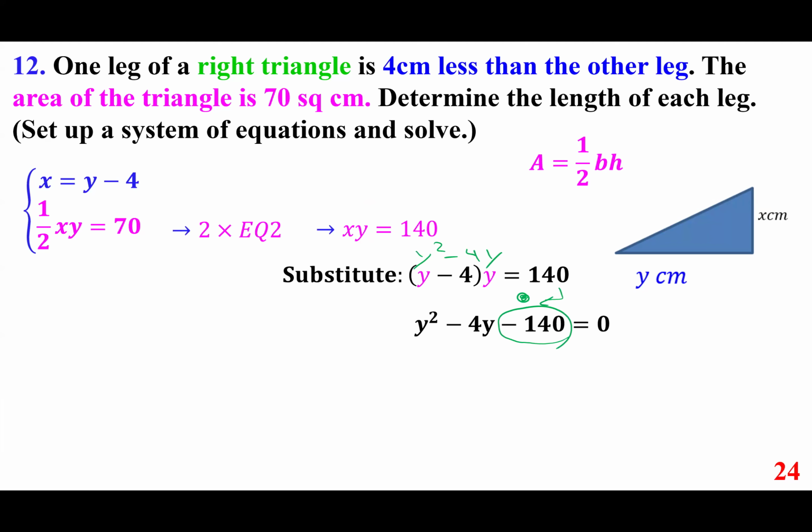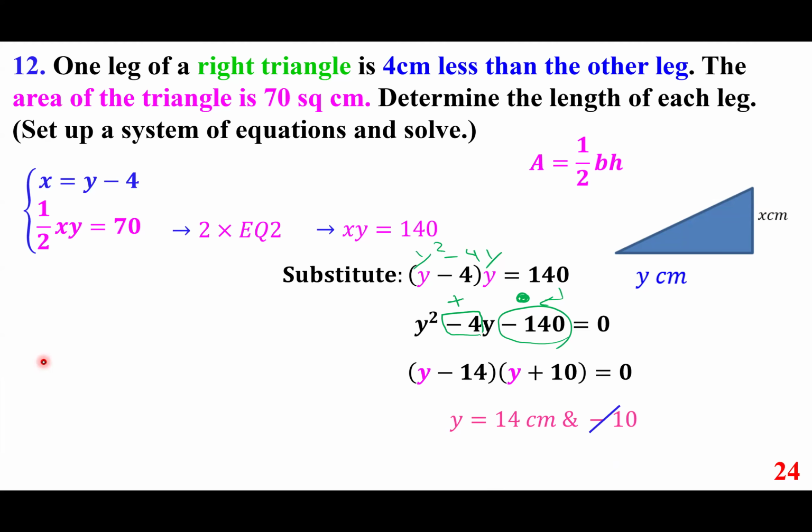The product is negative 140. The sum is negative 4. Those are actually not difficult. Negative 14 and positive 2. So y is either positive 14 or negative 10. Sides can't be negative. There's only one answer.